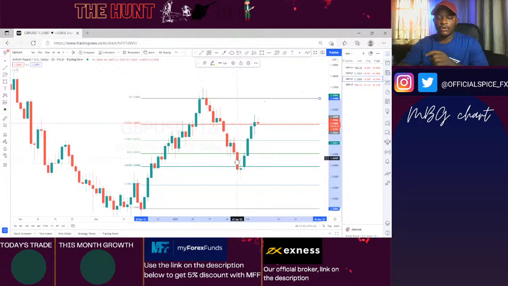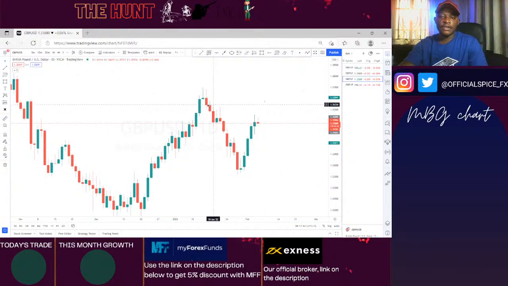It got to that point here and almost smashed below before bouncing back. What does this tell us? This tells us that this is a possible reversal. This continuation of a downtrend right here could be ending, and the price could probably be continuing its uptrend right here.